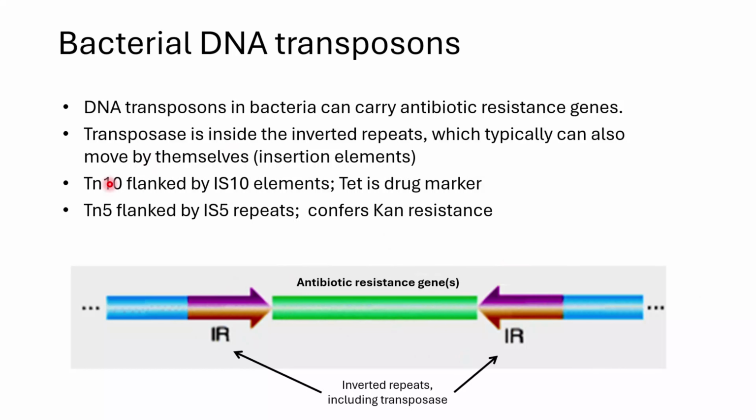There are two of them that are very well known that you guys know also. If you ever heard about tetracycline resistance and then kanamycin resistance, well, they were discovered from these transposons. The transposon number 10, which is flanked by the insert sequence number 10, has the TET resistance gene in the middle of it, and the Tn5, so transposon 5, with the inverted sequence 5, has the kanamycin resistance gene in it.